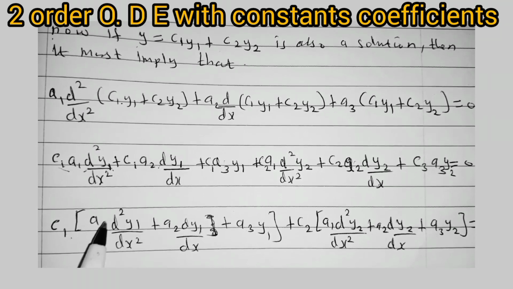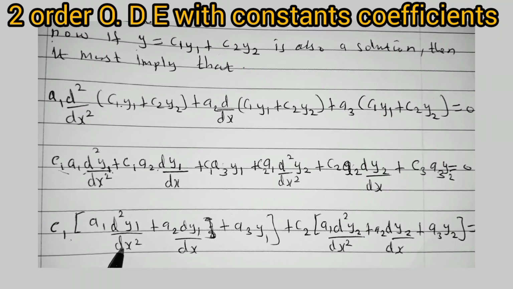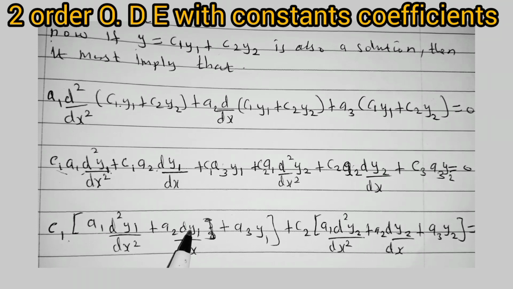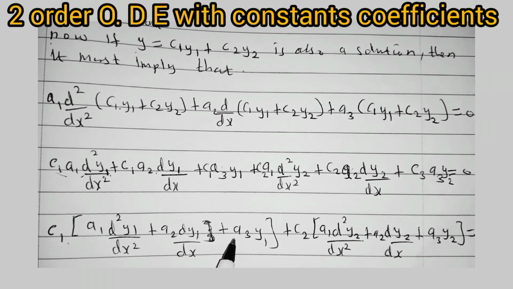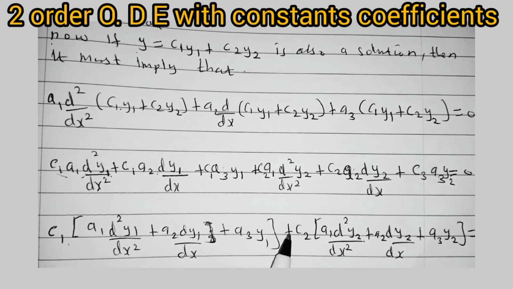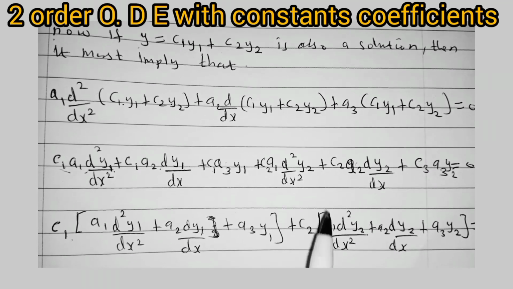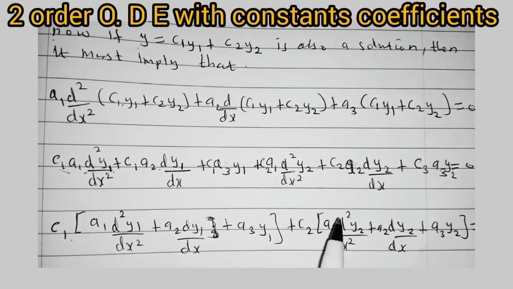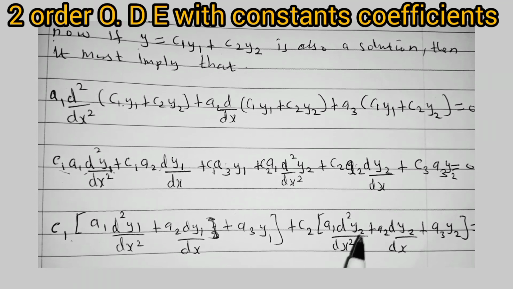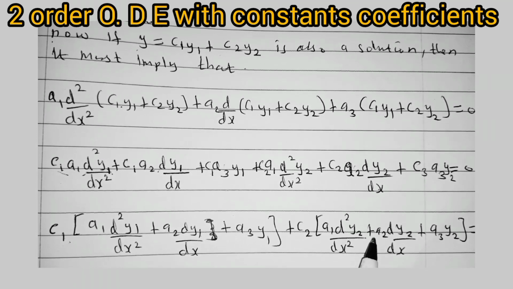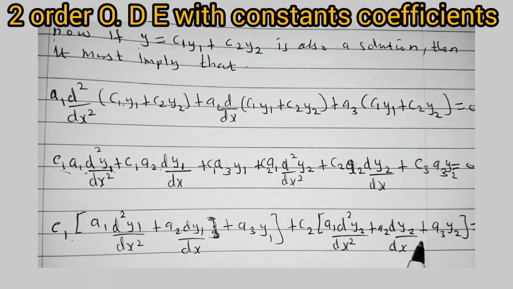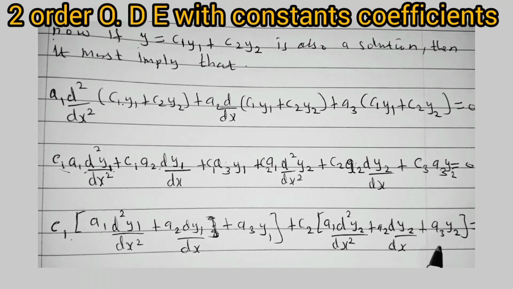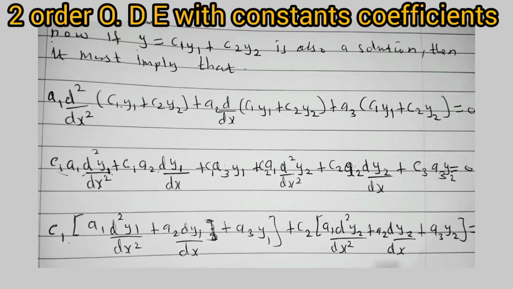Factoring c1, we are left with A1 d²y1/dx² + A2 dy1/dx + A3 y1, and you close the bracket, plus c2 times (A1 d²y2/dx² + A2 dy2/dx + A3 y2). This is equal to 0.